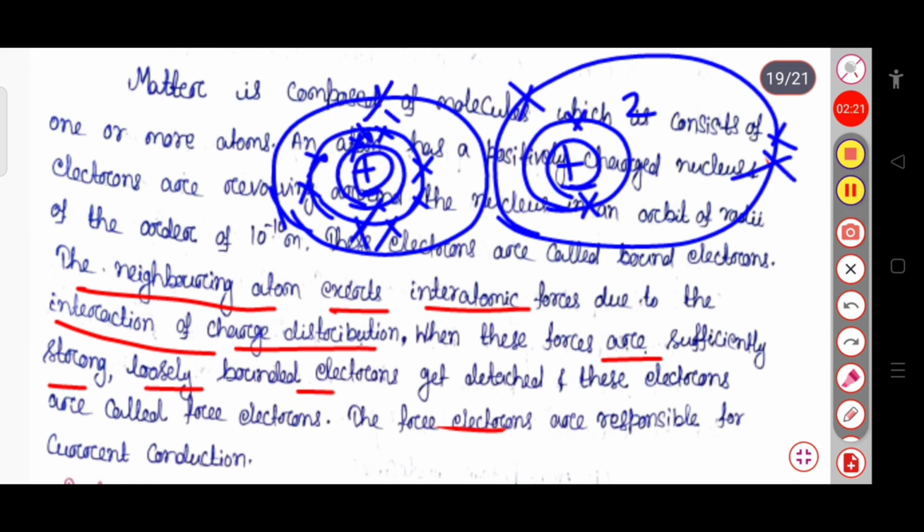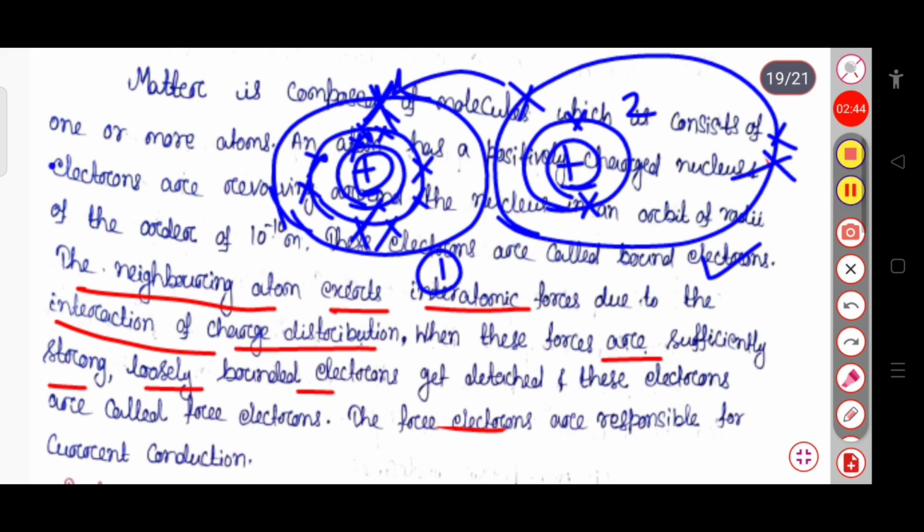In the case of the first atom, it has one electron in the outermost shell, and in case of the second atom, there are 3 electrons in the outermost shell. Now, this electron will exert a force on this neighboring atom.